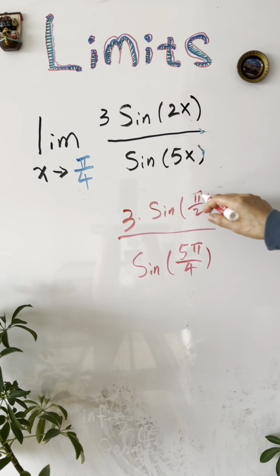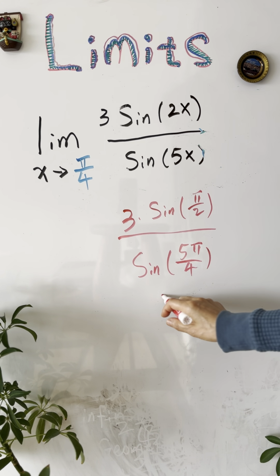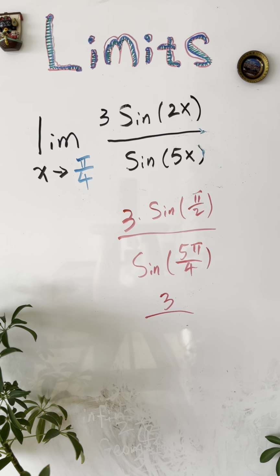We know sine pi over 2 is 1, so the numerator becomes 3. For the denominator, 5 pi over 4 is in the third quadrant, because this is pi plus pi over 4. And in the third quadrant, sine is negative. So this equals negative sine of pi over 4.